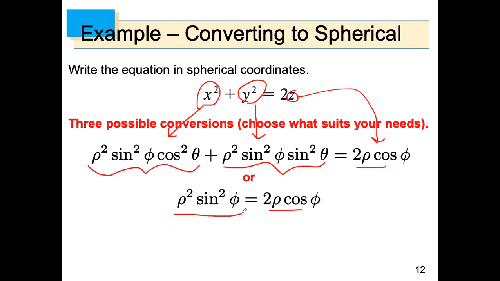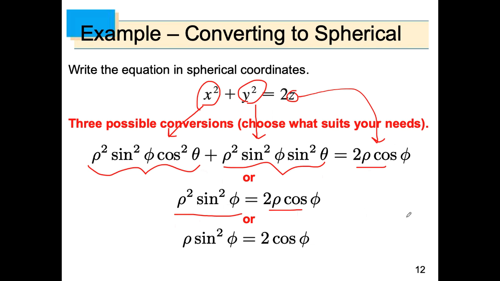Well, they have rho squared sine squared phi. They have that in common in both of these terms up top. And if I factor those out, I end up with cosine squared theta plus sine squared theta, which you all know to be 1. And that's how this was reduced down to rho squared sine squared phi. And then finally, notice that both sides have a factor of rho. So you actually could go ahead and divide both sides by rho, giving me a final answer of rho sine squared phi equals 2 cosine phi.